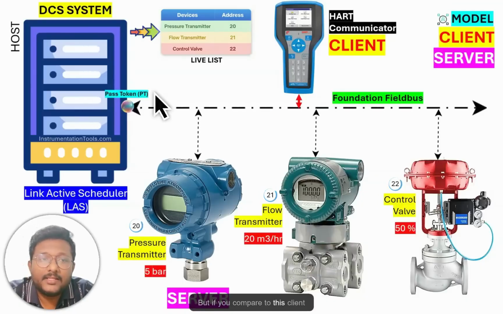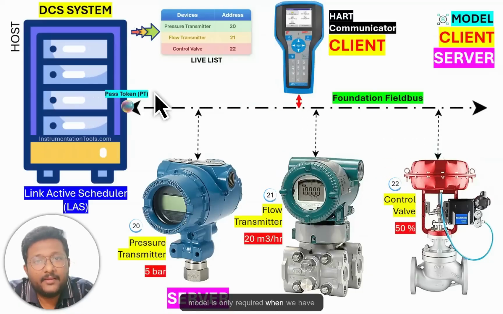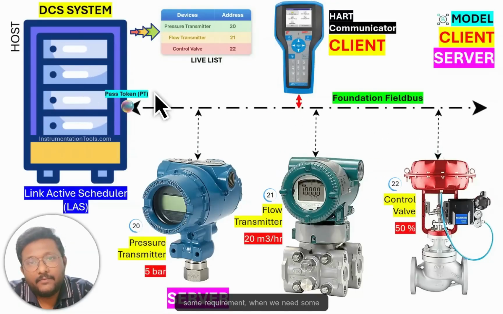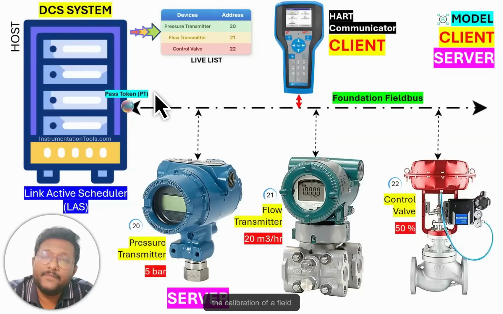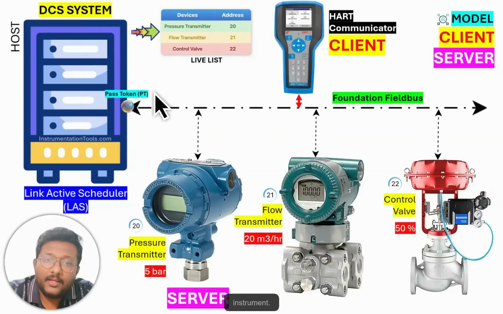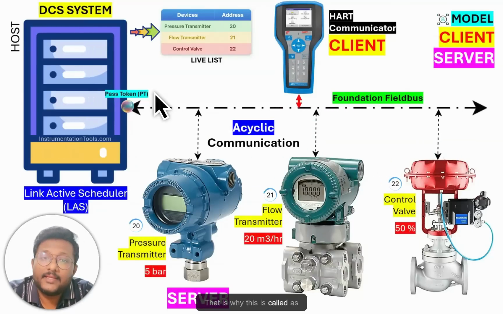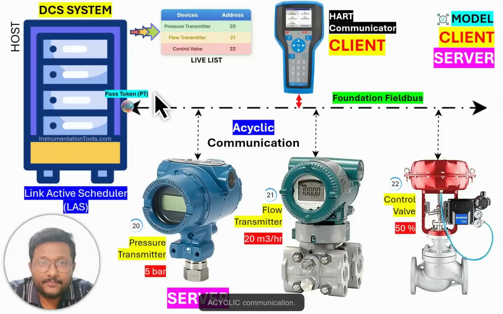But this client server model is only required when we have some requirement, when we need some information, or when we want to do the calibration of a field instrument. That is why this is called acyclic communication.